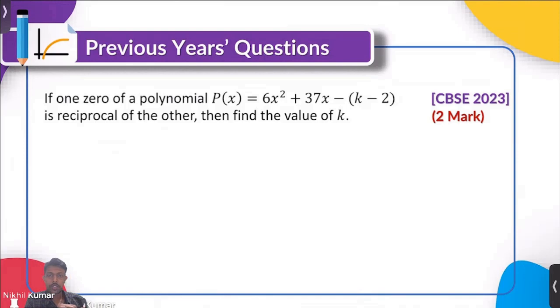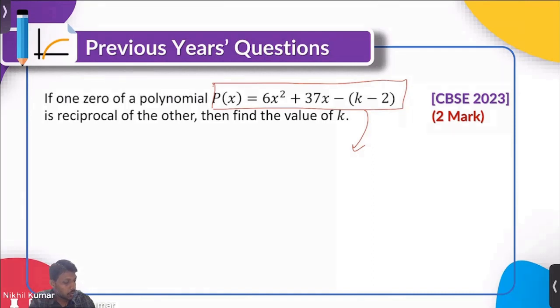Let's look at the solution of this question. First of all, whatever polynomial is given to us, we're going to modify it slightly so that the coefficient of x square is 1. And how do we do that? 6x square plus 37x minus k minus 2. This is the polynomial given to us, p of x.